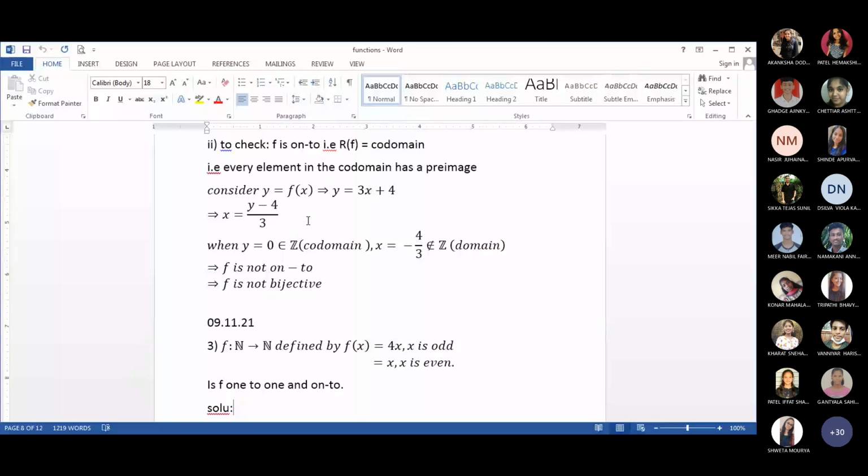Again, I repeat, we have a function from the set of natural numbers to itself, defined as f of x equals 4x when x is odd, and equals x when x is even. You have to check whether the function is one-to-one and onto.